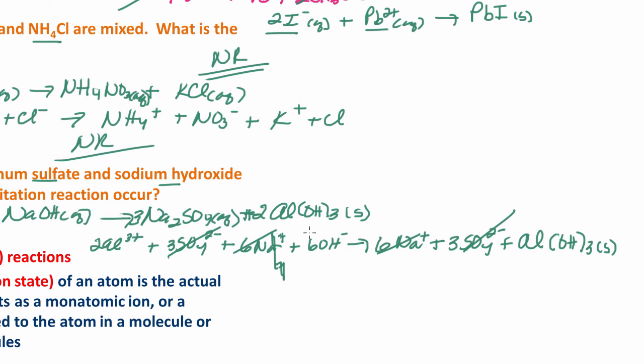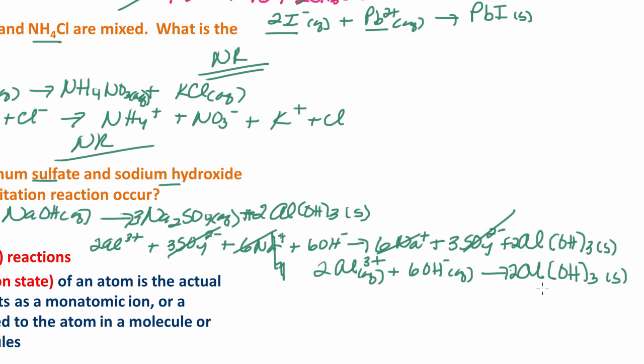And what we have is our net ionic equation, which shows the reaction between the ions. 2 aluminum plus 6 hydroxide. I should put the aqueous here. And that gives us 2 aluminum hydroxide. I forgot the 2 there. So 2 moles of aluminum hydroxide. So let's see. Can I reduce this?